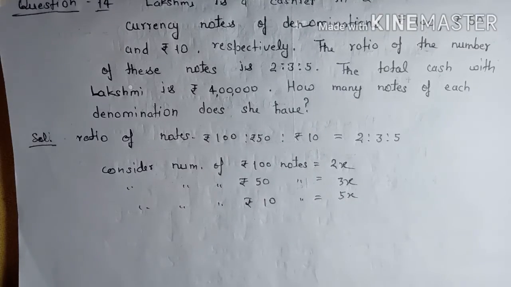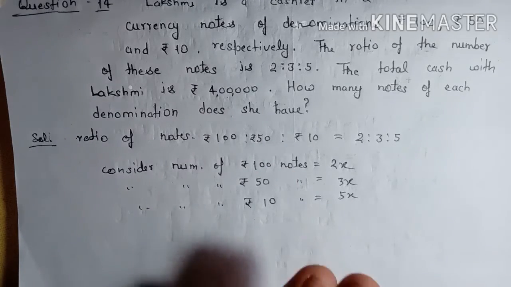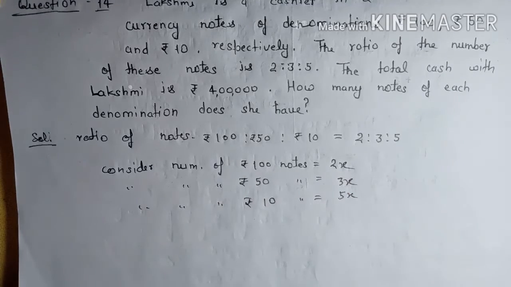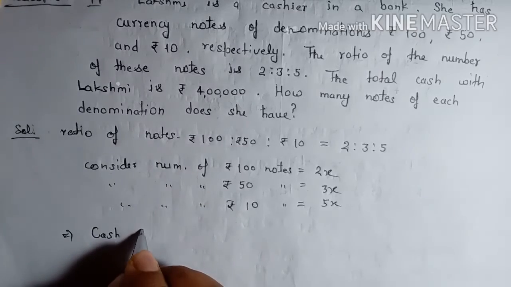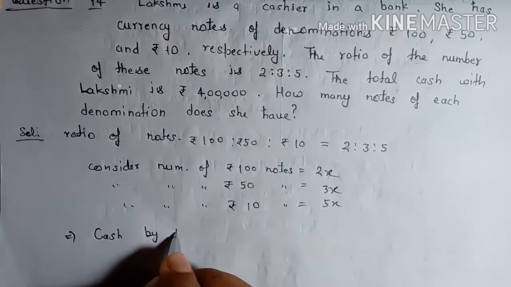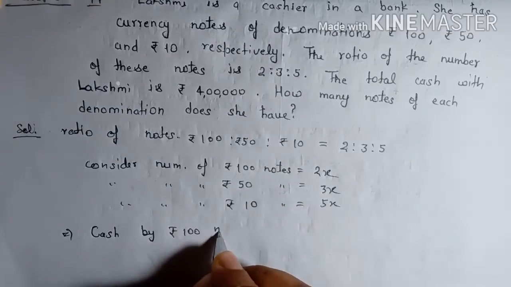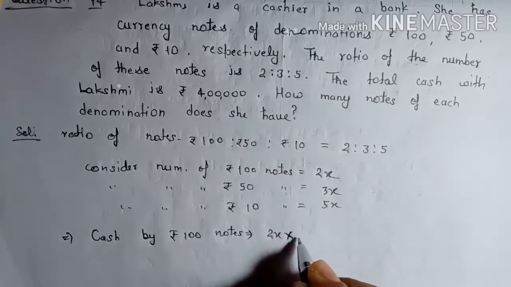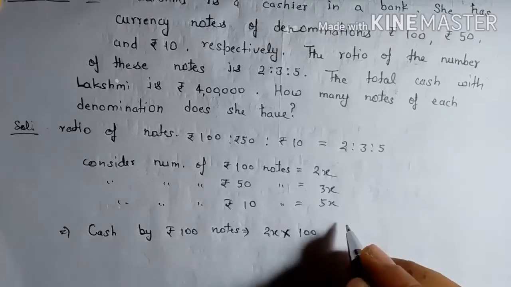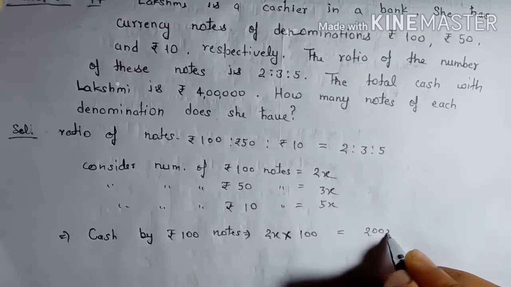Now observe one thing, here it is given that the total cash is 4 lakh rupees and we are given with number of notes. So for making the equation we have to obtain total money by each type of notes. So cash by 100 rupee notes, number of notes into amount which is 100, so that will be 200x.